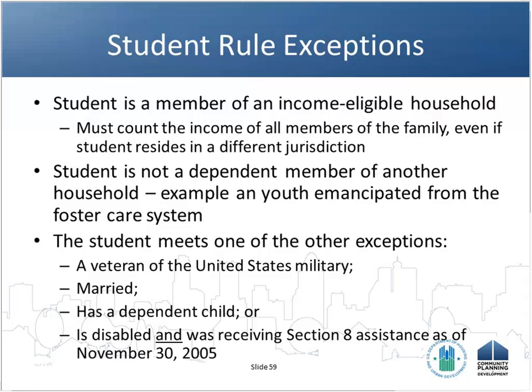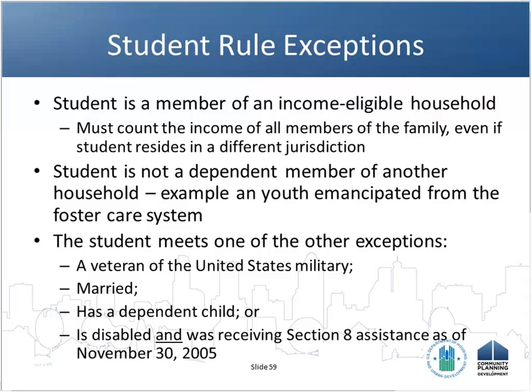So when you're thinking about intake for someone asking to move into a home-assisted unit, you're going to have to ask, are you a full-time or a part-time student? Then, do you meet any of these exceptions? Are you a veteran, a married student, a head of household with a dependent child, or receiving the disability assistance?